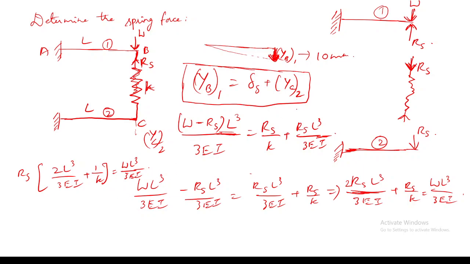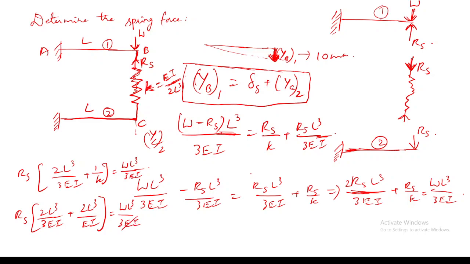Here I am imagining the spring constant value equal to EI divided by 2L cube for simplicity, so that the terms cancel out and you get a nice expression for RS. So 2L cube divided by 3EI plus 1 by K; when I substitute this, it will be 2L cube divided by EI, right? Which is equal to WL cube divided by 3EI.